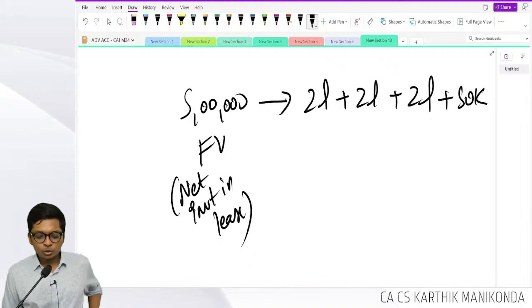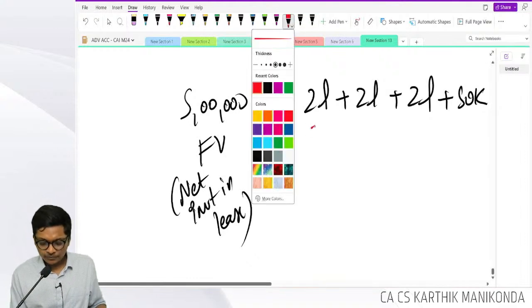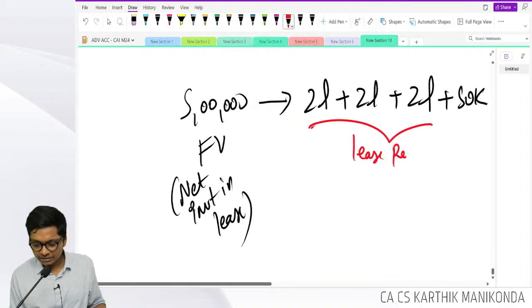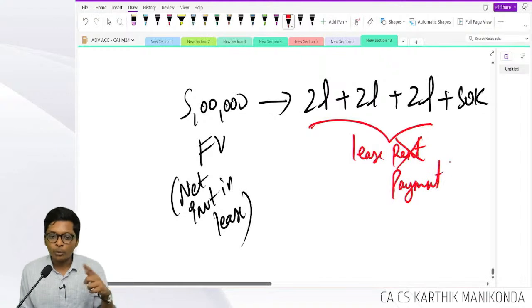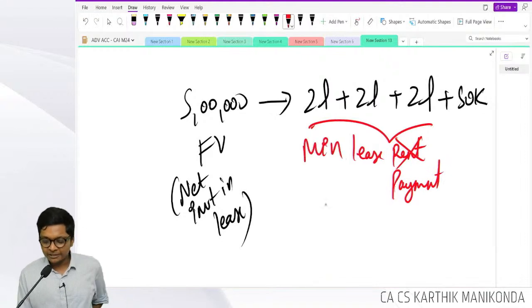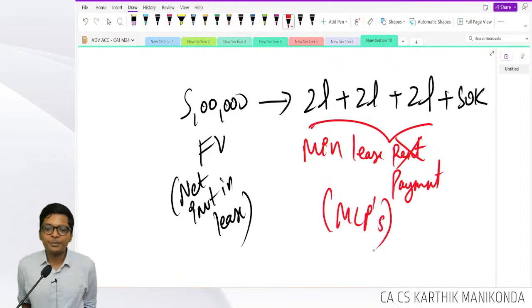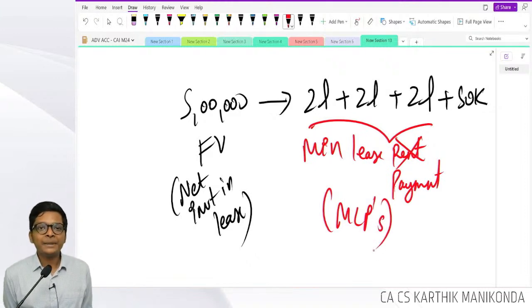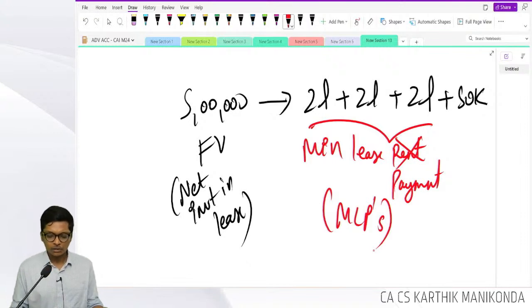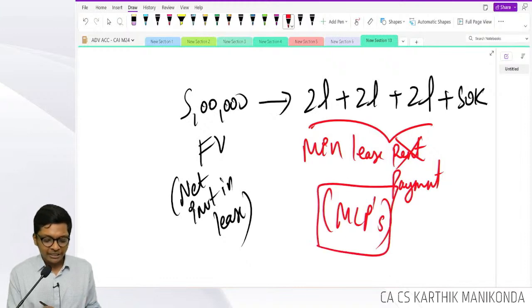This 2 lakh plus 2 lakh plus 2 lakh is like an EMI, correct, but it's called lease rental. We don't use the word rent, it's lease payment. This is the minimum amount to be paid, so it's called minimum lease payments. It's called MLPs, guys. MLP, minimum lease payment. Are you following, guys? Okay.